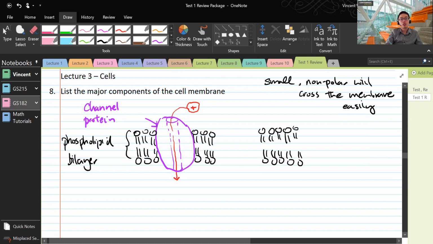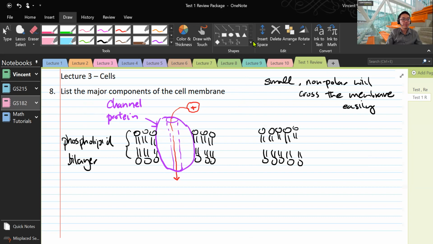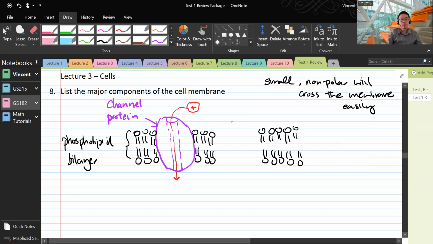Okay. So what is another type of protein that also performs the same function as a channel protein? It's a different name. Does anybody know what I'm talking about? Yes, integral protein, channel protein is an example of integral protein, but I'm talking about another type of transport protein that belongs to the same category as channel protein. Does anybody know what I'm referring to? Yes, the carrier protein is exactly what I'm looking for.